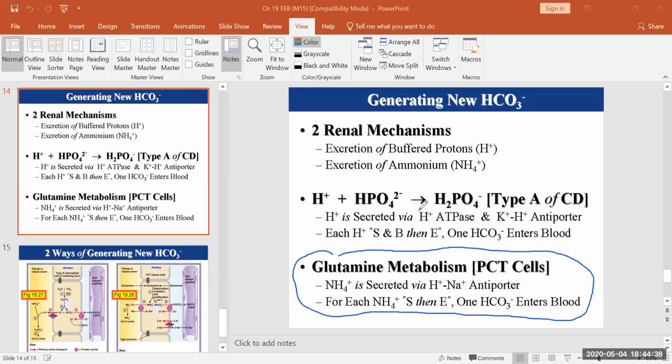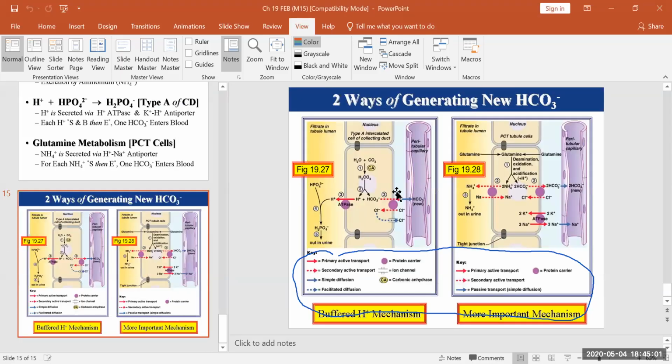In the previous mechanism, type A of the collecting duct, the proton is secreted via proton ATPase. This is a primary active transport. Proton hydrogen or potassium proton antiporter. Okay, so this is the mechanism on this side of the picture. Now we're going to focus on this one.